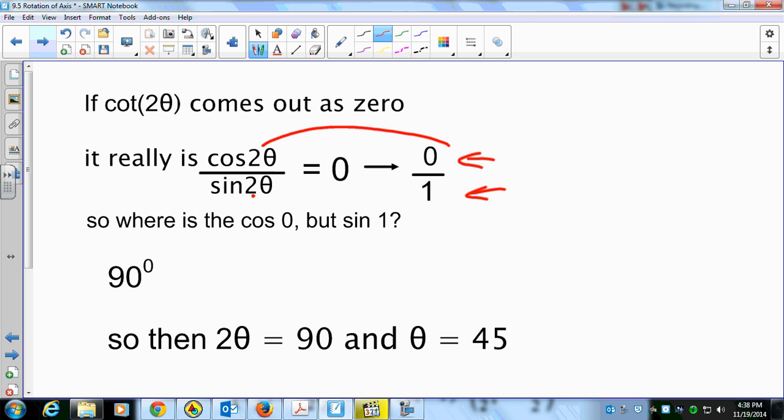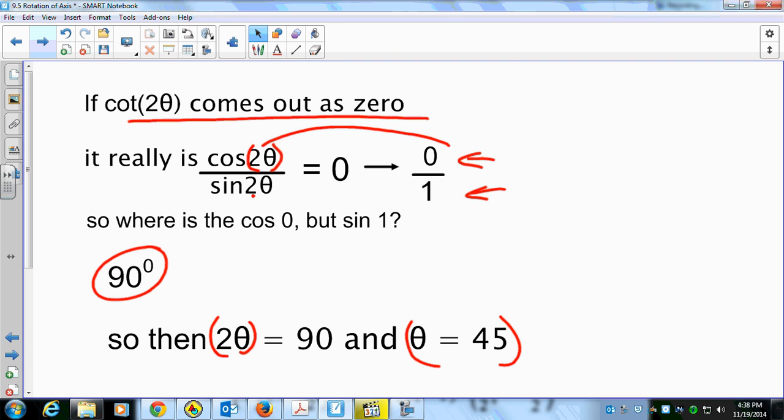That means cosine of 2 theta is 0, and sine of 2 theta is 1. When does that happen? Well, it's at 90 degrees. But we're saying 2 theta is 90 degrees, so that actually means that our theta is going to be 45 degrees. So that's if our cotangent of 2 theta is equal to 0.